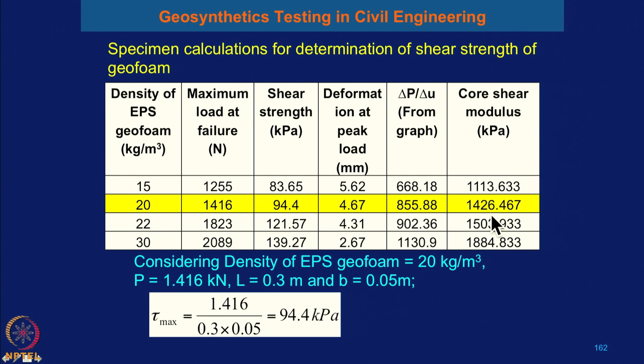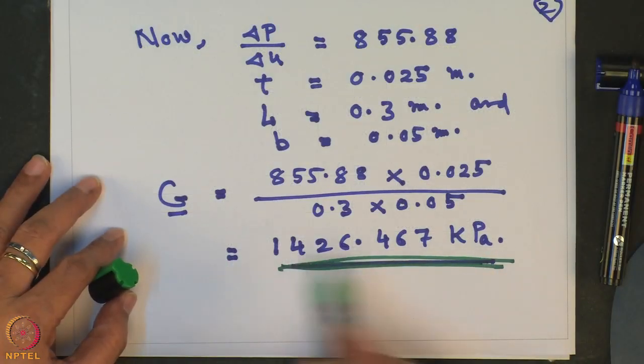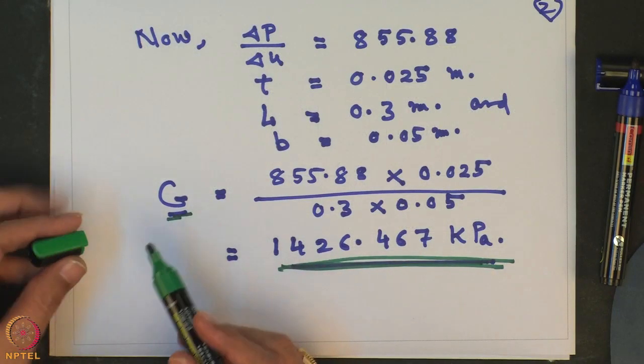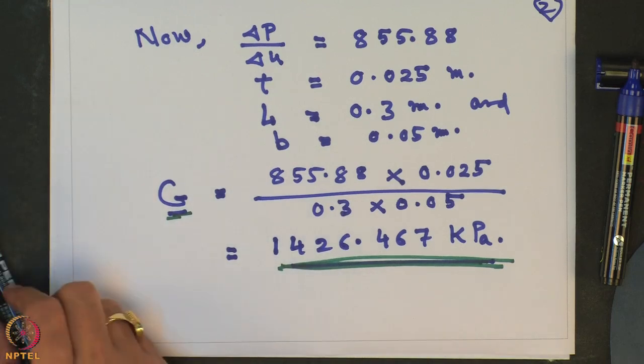So, the core modulus value is 1426.467, and here it is shown 1426.467 in kilonewton per meter squared. This is the modulus value. So, you know how to determine the modulus of the EPS geofoam material.